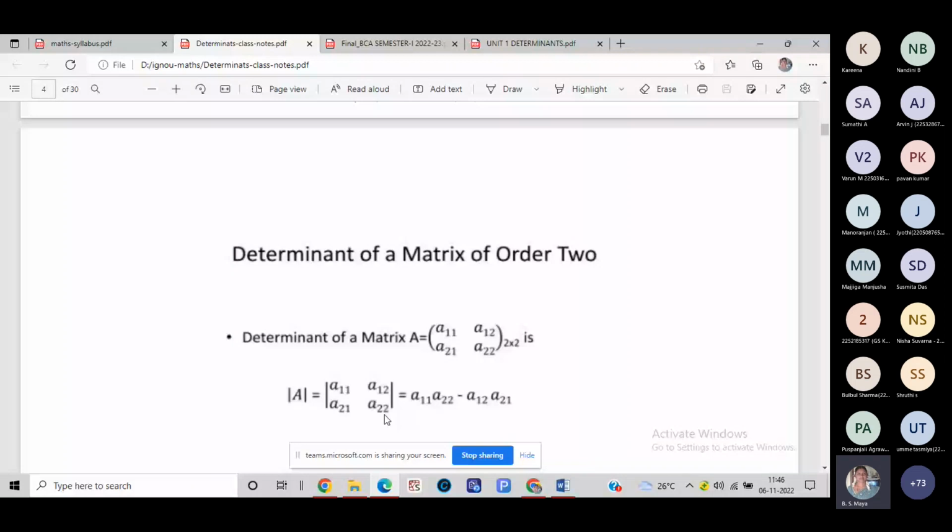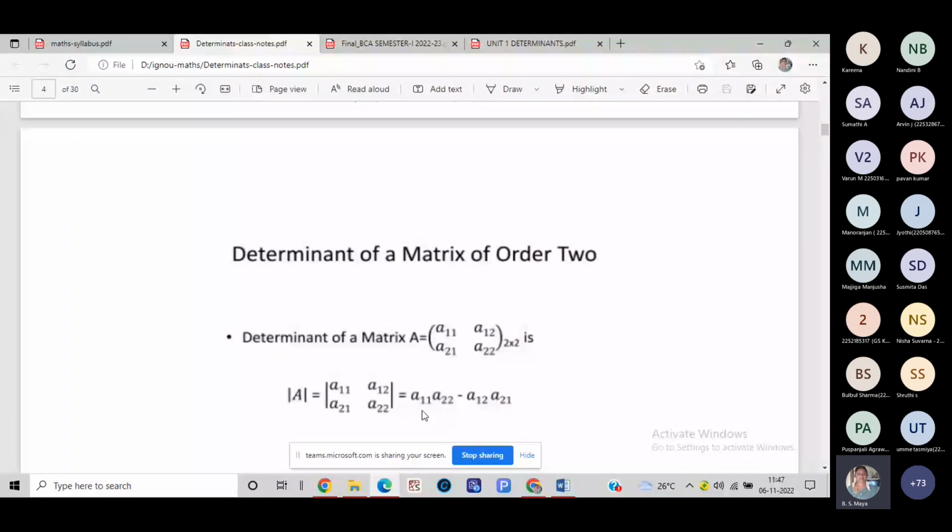Now, I said different multiplication and different additions. That means, if you have order 2, you always take cross multiplication. First, a11 should be multiplied by a22. The diagonal elements should be multiplied. That answer is a11 a22.